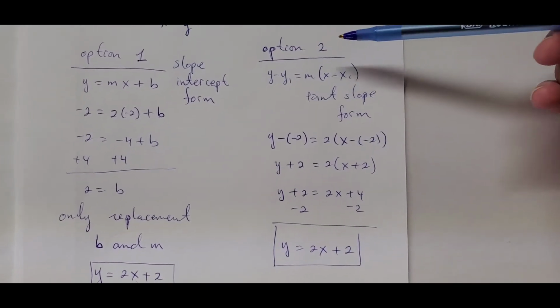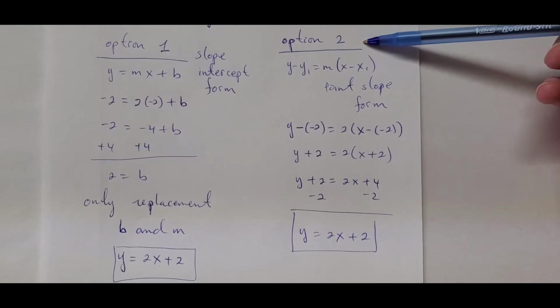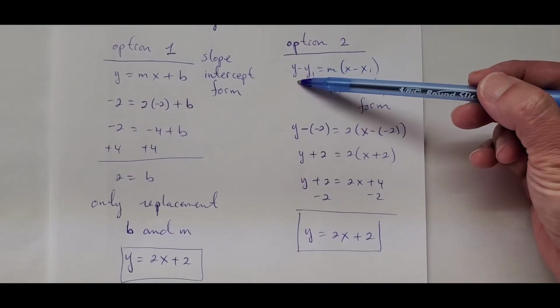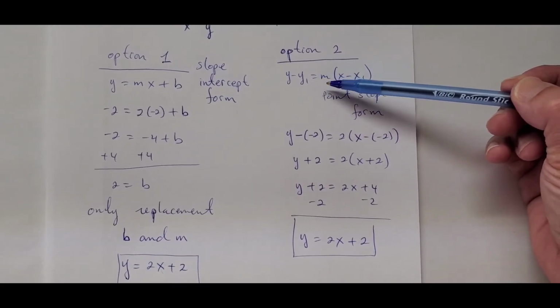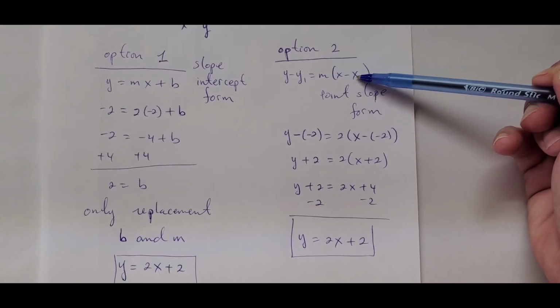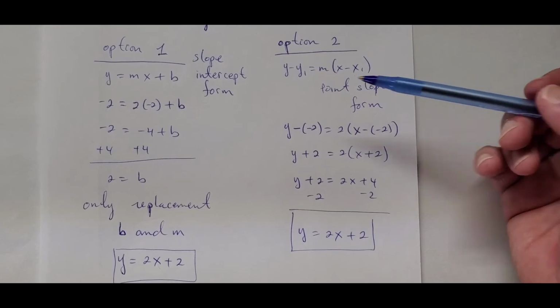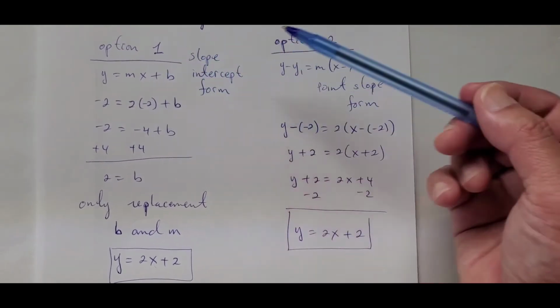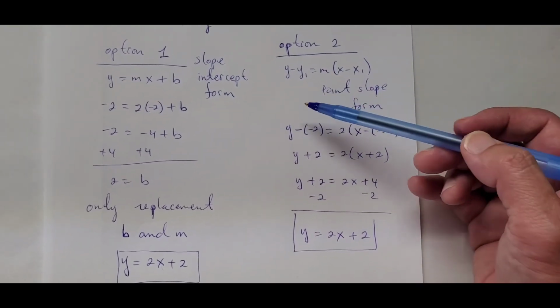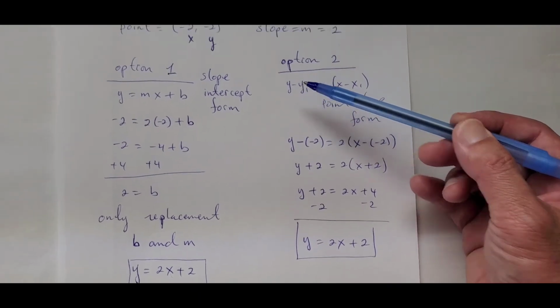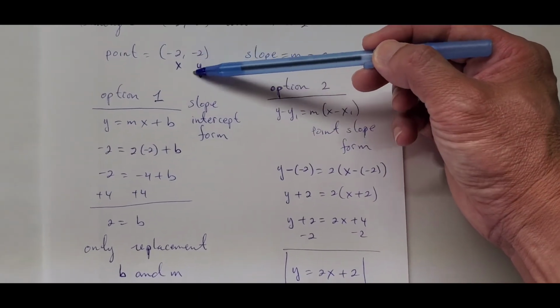Now option 2 is called point slope form. You have Y minus Y1 equals M times X minus X1. Now all you have to do is the same thing as option 1, just plug it in. Here is Y1, and here's Y right here.